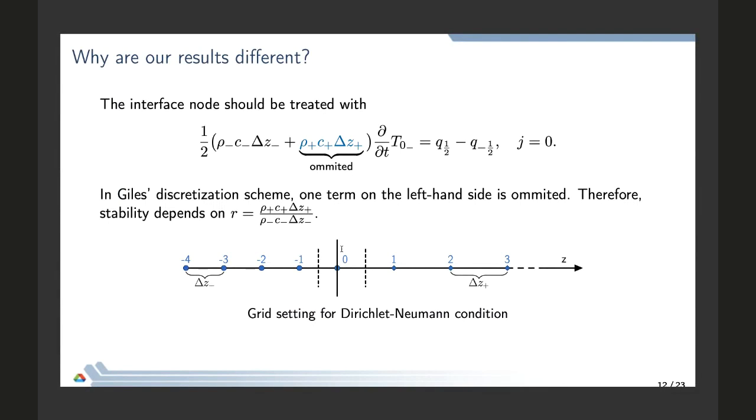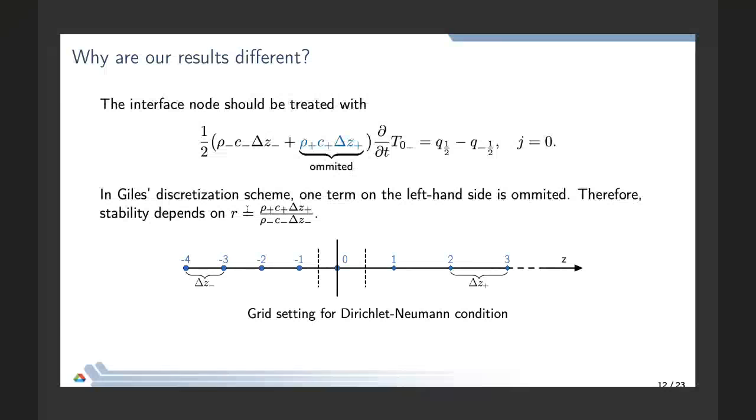If we derive the finite volume formula for the interface node, let's say we integrate from the left bound to the right bound, we end up with two terms on the left-hand side. But in Gels' discretization scheme, they actually omitted one of the two terms on the left-hand side. So in the end, the stability depends on the ratio between the omitted term and the remaining term.